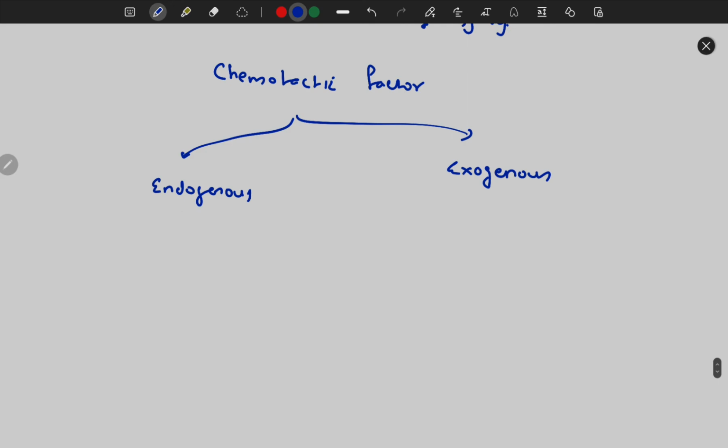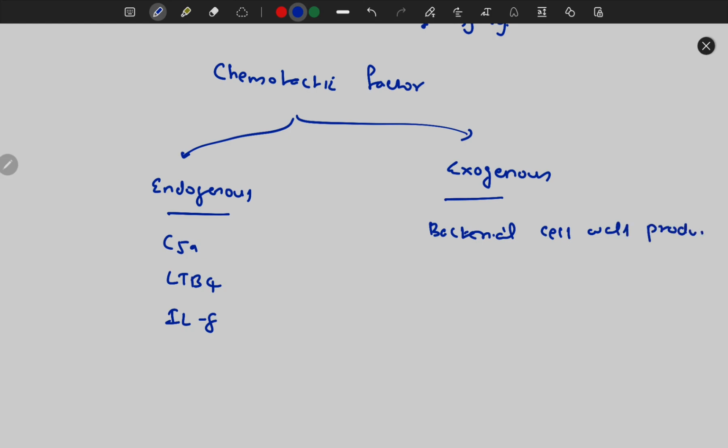The endogenous include C5a, LTB4, interleukin 8, whereas the exogenous include the bacterial cell wall product, N-formyl methionine.